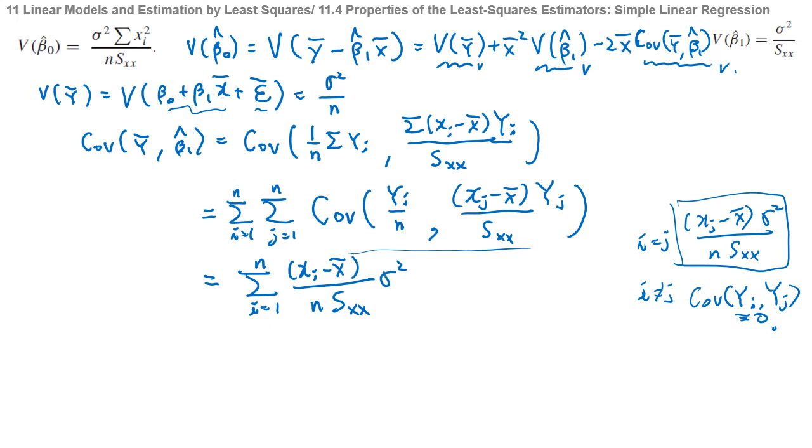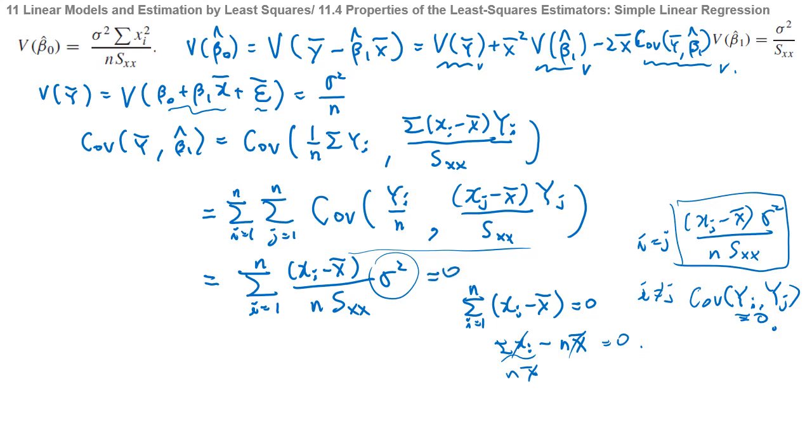And actually this one is constant. The sum over i equals 1 to n of (xi minus x bar) is actually 0, because it is the sum of xi minus n x bar, and the sum of xi is n x bar, so these two cancel and this is 0.